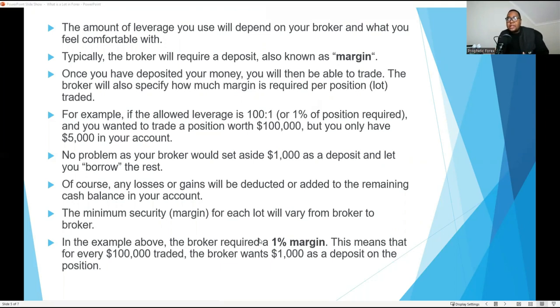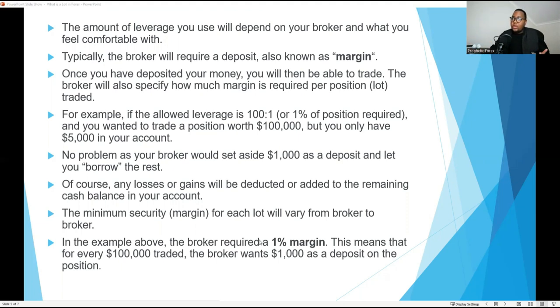What does that mean? Your broker basically takes 1,000 on the side and puts it as margin. As you trade, you will see it fluctuating, whether the price is going up or down, whether you're in profit or loss. So in essence, leverage is brought through margin.